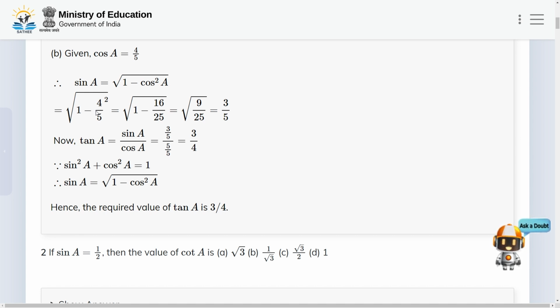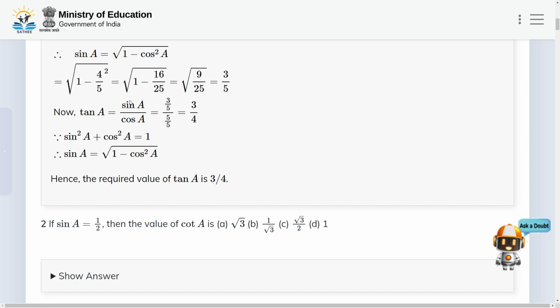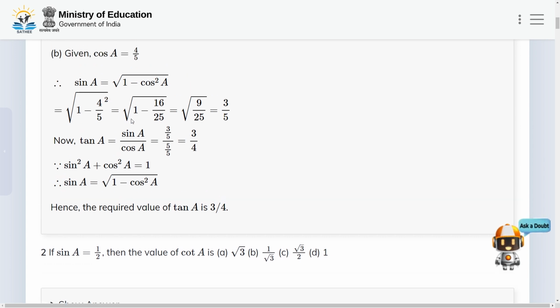So sin A is 3 by 5, and now tan A is equal to sin A by cos A. We found sin A is 3 by 5 and we know cos A is 4 by 5. If we put these values in this formula, we get 3 by 5 divided by 4 by 5, equal to 3 by 4.